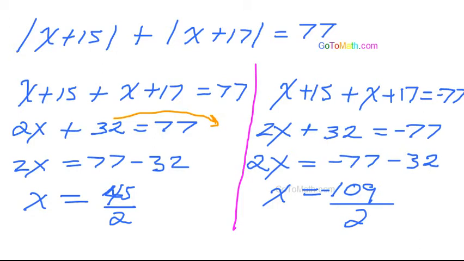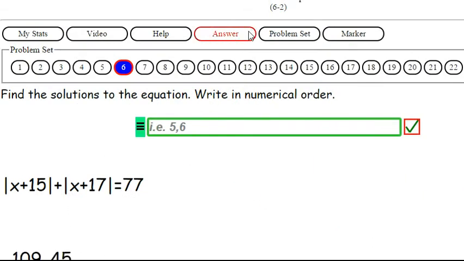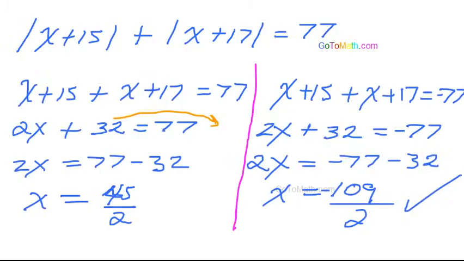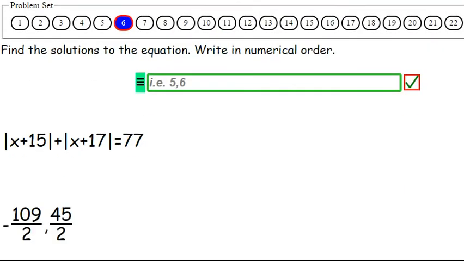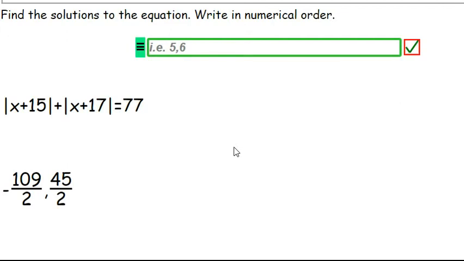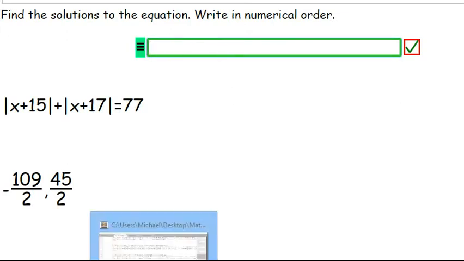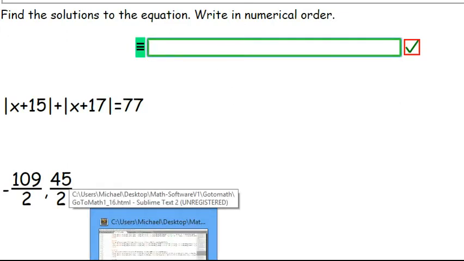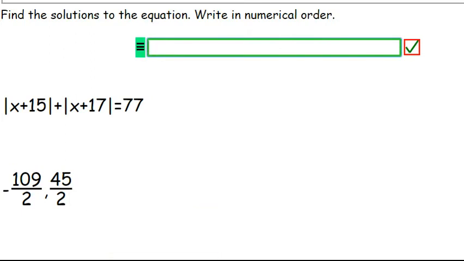Okay. And of course, does that divide by 2, or could I say, is that reduced down? And the answer is no. So we got 45 over 2 and negative 109 over 2. Let's go back. Negative 109 over 2 and 45 over 2, yeah. There we go, right? And I guess I need to come up here and check that.